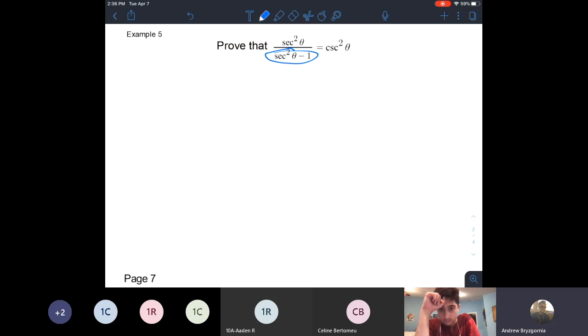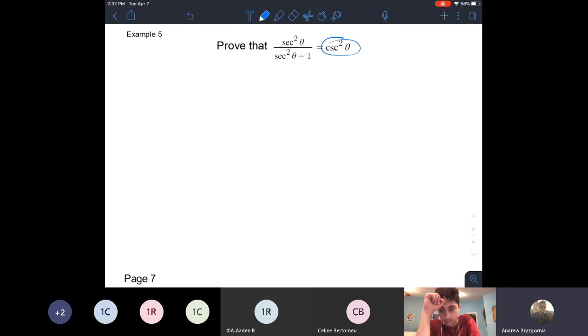And that's a bit of a problem for us. But I also notice that cosecant squared is going to be the reciprocal of one of our main three trig functions.